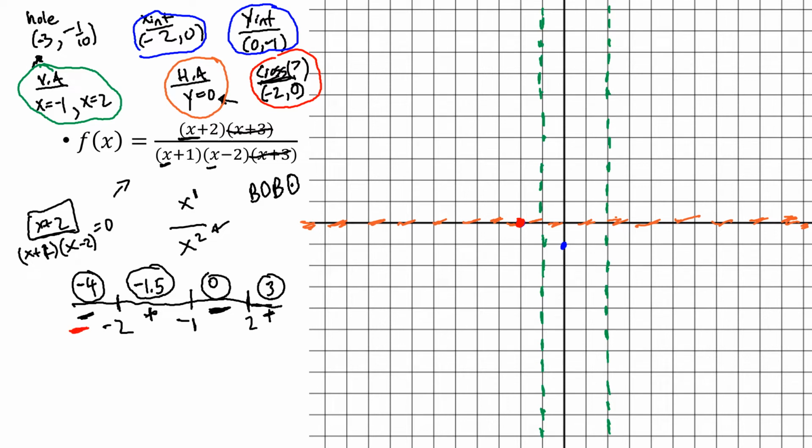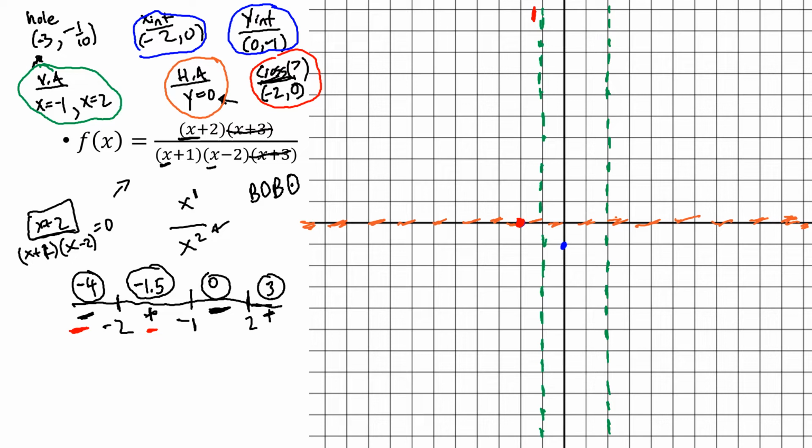So to the left of -2, we're going to have negative values. We'll get to that later. To the right of -2, we're going to have positive values. So over here, between -2 and -1, we'll have positive values.